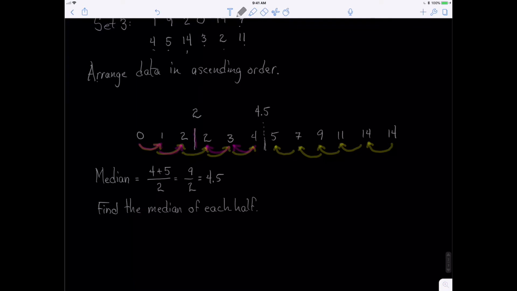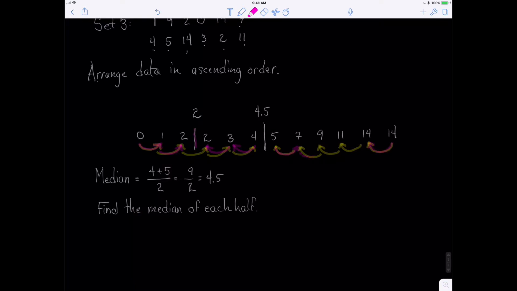We'll put these lines here to keep track. Let's do this one more time with the upper half of the data. My low end is a 5, so I go up to a 7. My upper one is a 14, so I go down to the next 14.